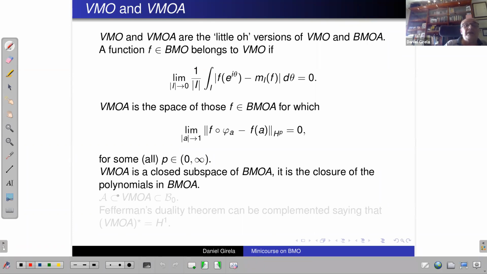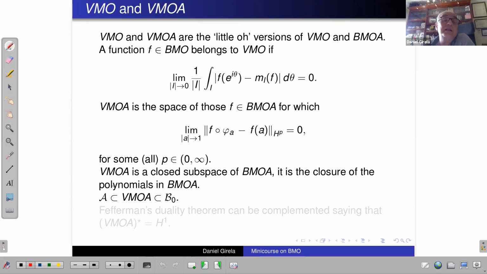And in many ways, VMOA plays the role with respect to BMOA as the little Bloch space plays with respect to the Bloch space. The little Bloch space is the set of functions for which the limit as mod z tends to 1 of 1 minus mod z squared times the absolute value of f prime of z tends to 0. In the same way, the little Bloch space is the closure of the polynomials in the Bloch norm.